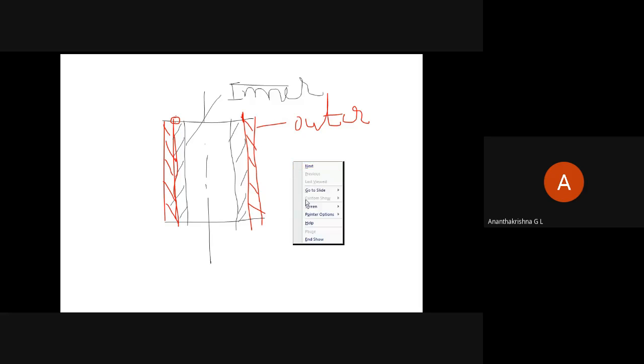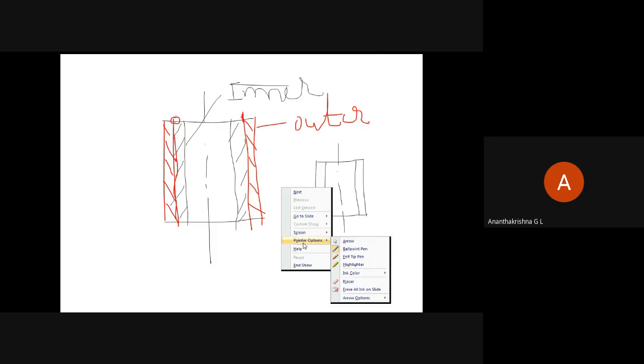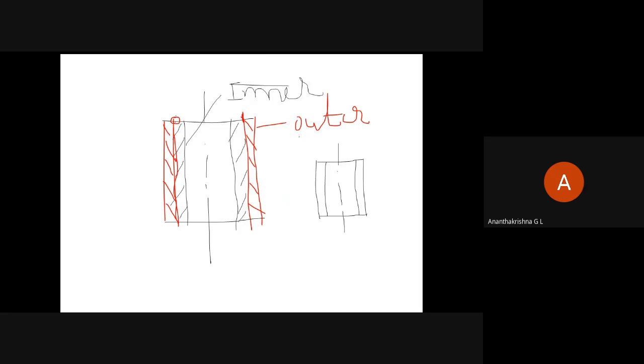Are you able to follow me? So you have a cylinder, which we call the inner cylinder. Then they take an outer cylinder, whose inner diameter will be smaller than the outer diameter of the inner cylinder.